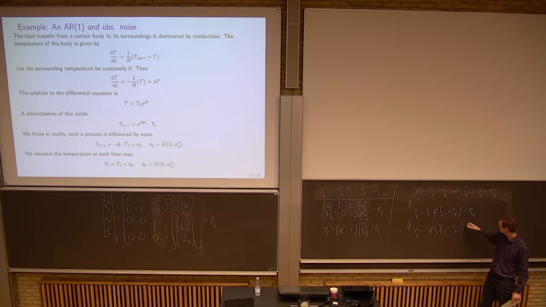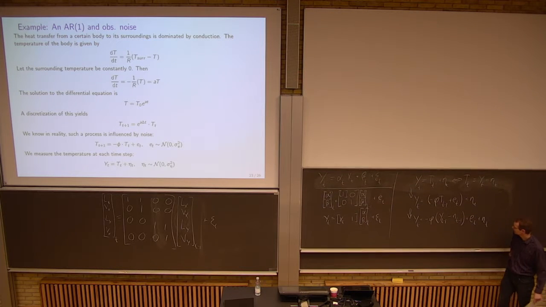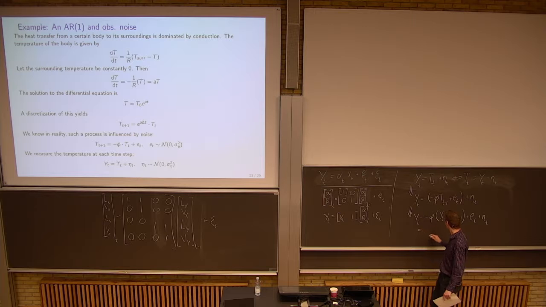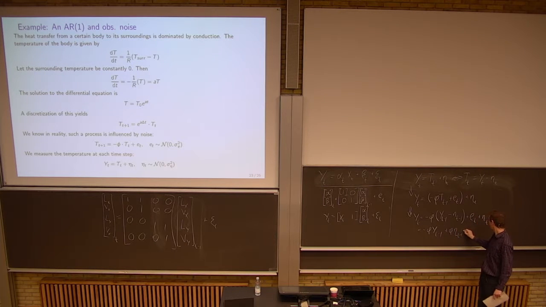Then I have the plus et plus eta t. And if I continue this, just multiplying in, then I have minus phi yt minus 1. And then I get a plus phi eta t minus 1 plus et plus eta t.